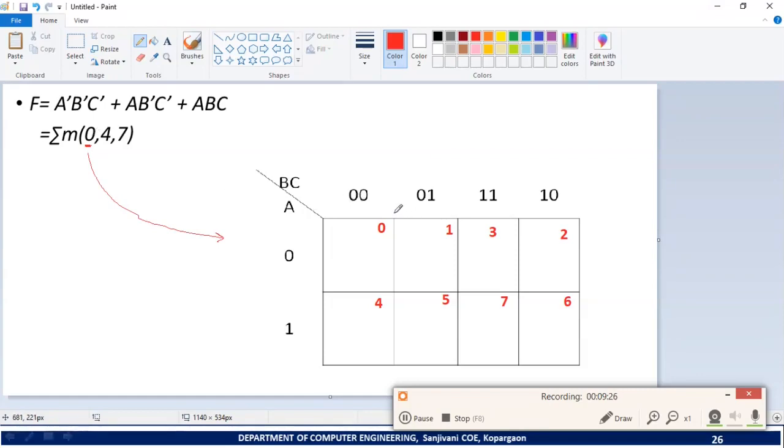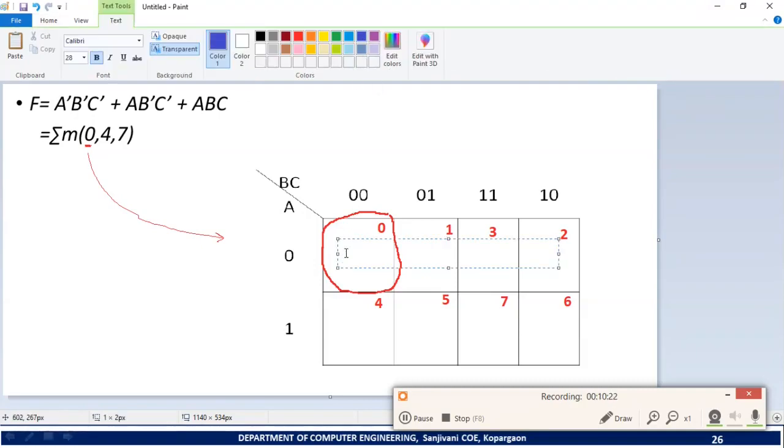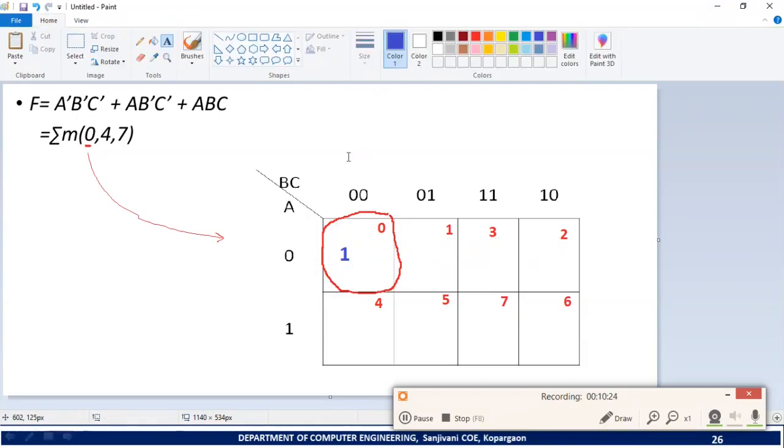So which is that cell? Yes, this particular cell. Now this minterm 0 is present in this function. So what is the output of the minterm? 1. We have seen that the output of a minterm is 1. Please try to concentrate. So in this cell I should write 1. Clear?